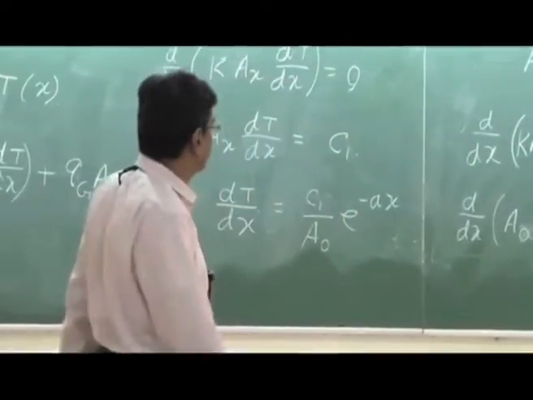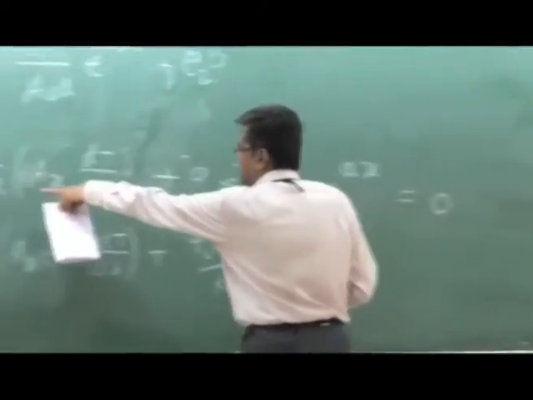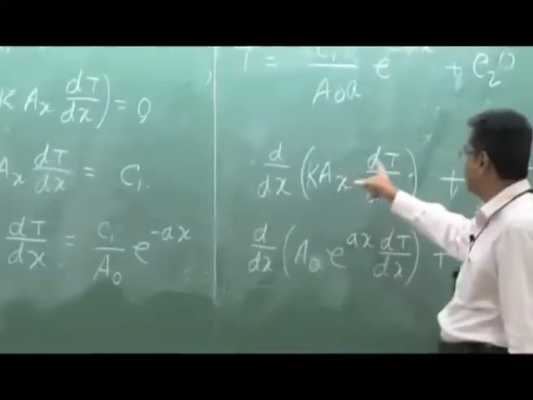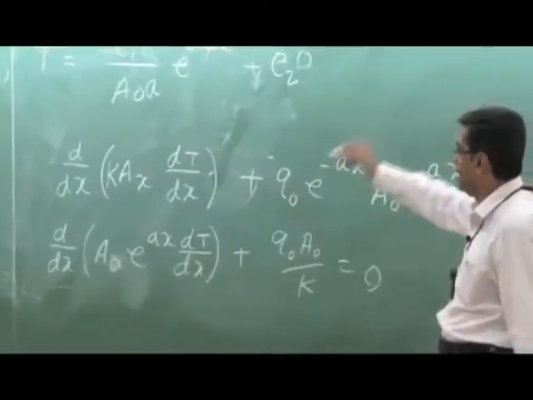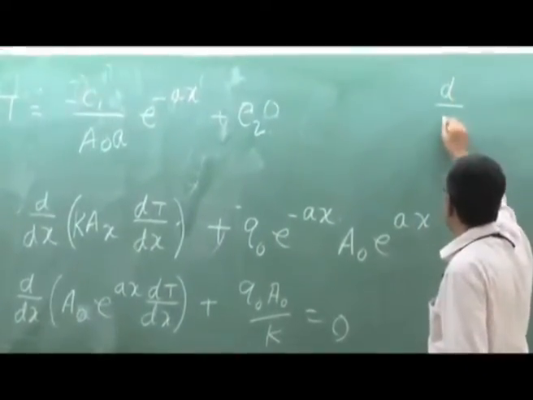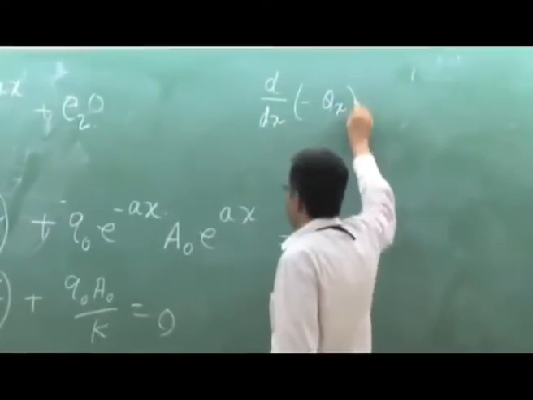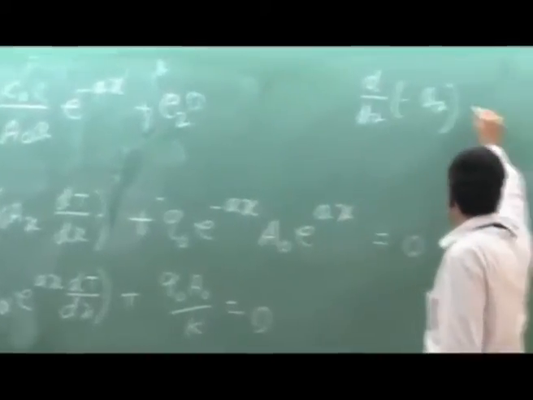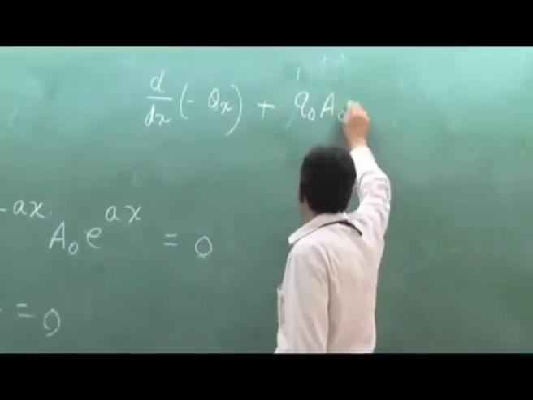Now the heat flux distribution. They have asked what is the heat flux distribution? Actually this is the heat flux. d/dx of minus Qx, where Qx is minus K Ax dT/dx. That means I can write d/dx of minus Qx plus Q0 A0 is 0.